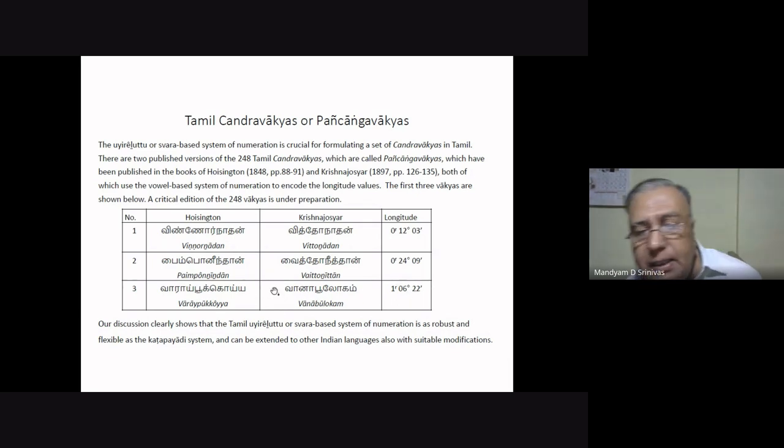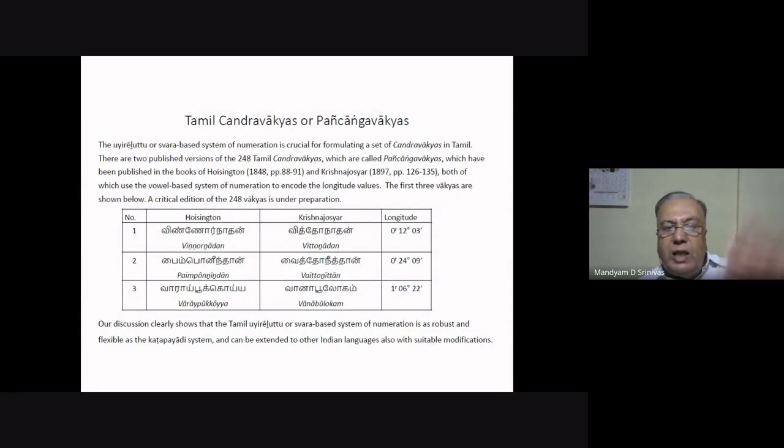So basically, the Tamil tradition did come up with a very robust system of representing numbers in Tamil Chayul, in Tamil poems, and also for these Chandravakyas in astronomy, in mathematics. It is as robust and as flexible. Flexible because you have several possibilities for the same. You only have to keep the vowel.